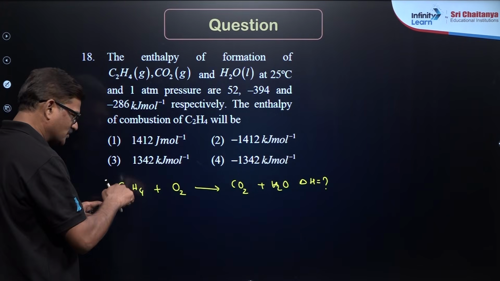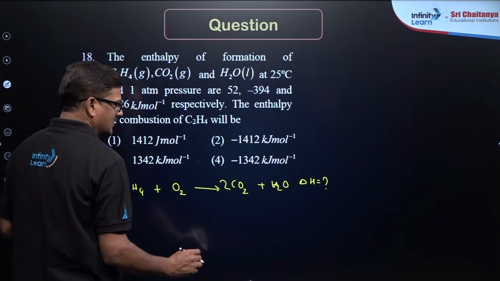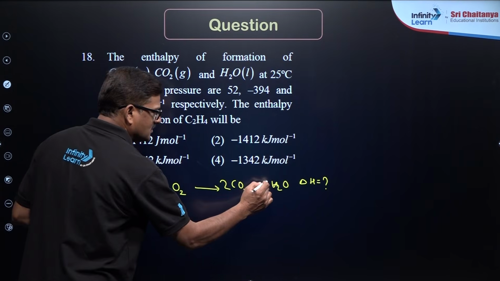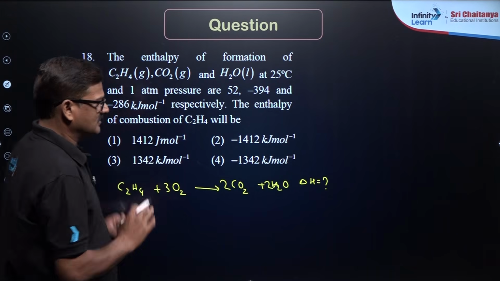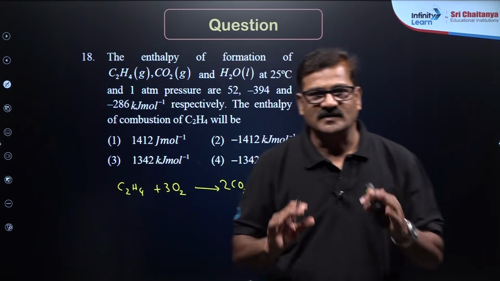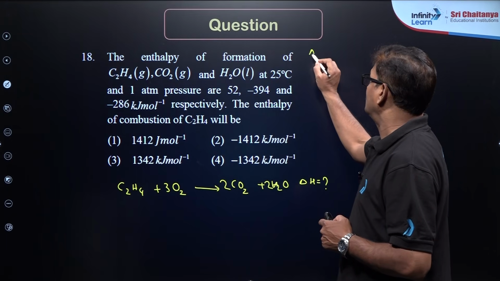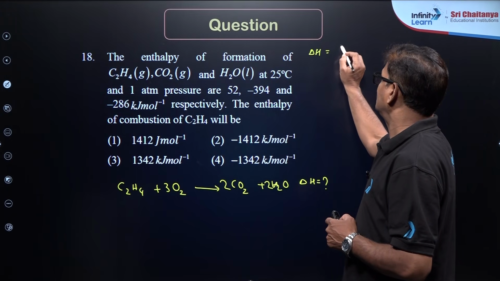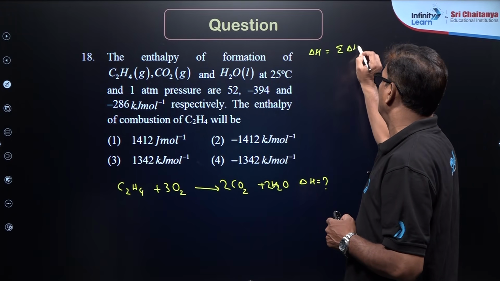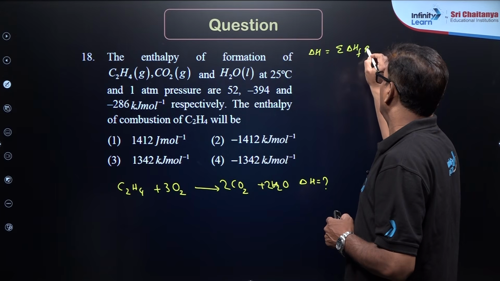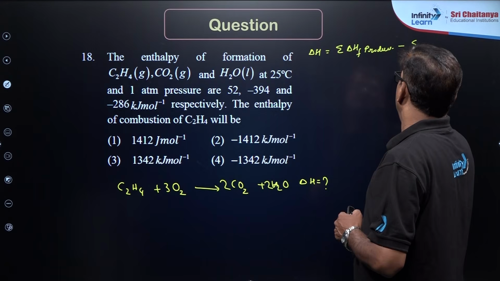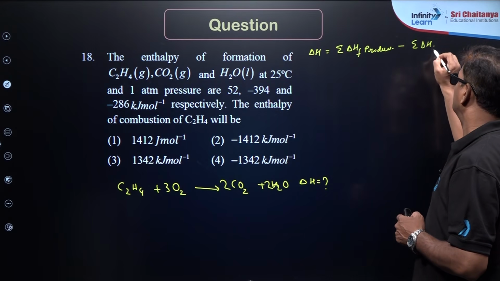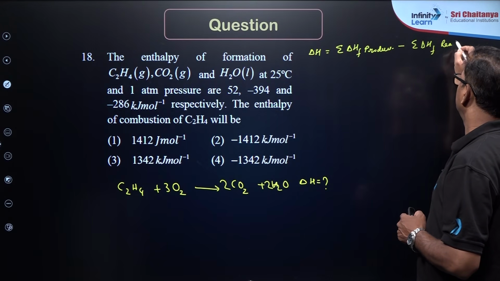If we balance for the 2 carbons and for the hydrogens, I need 3 oxygens. Now, it is pretty clear. So, enthalpy of combustion can be calculated as the sum of the enthalpy of formation of products minus the sum of the enthalpy of formation of the reactants.